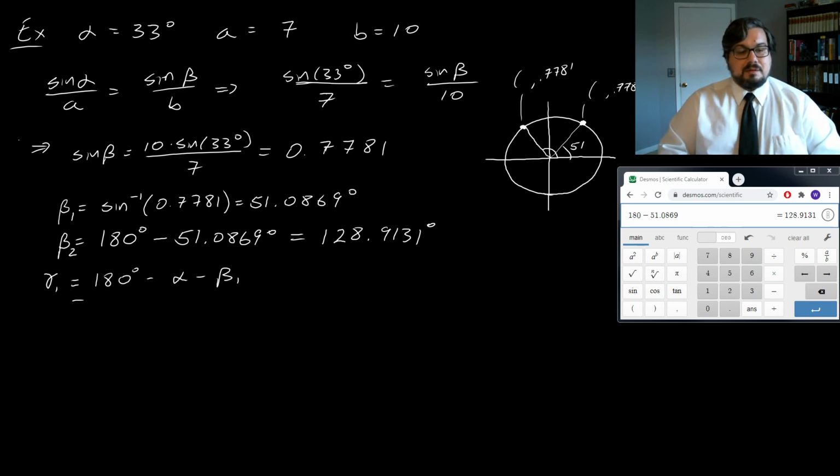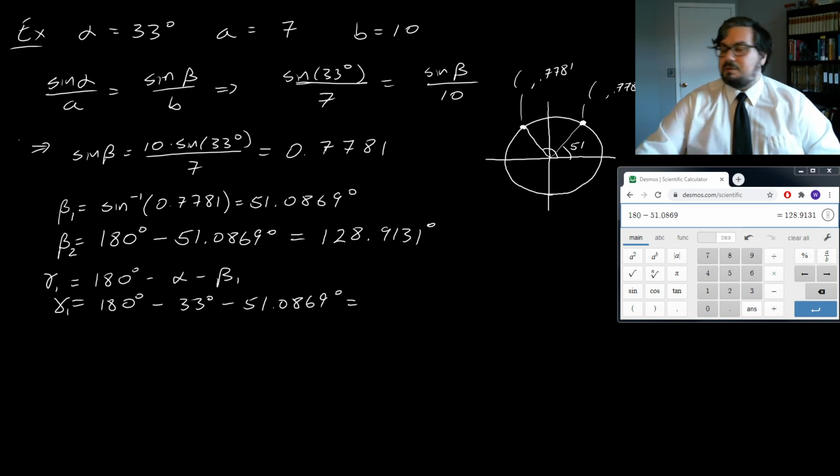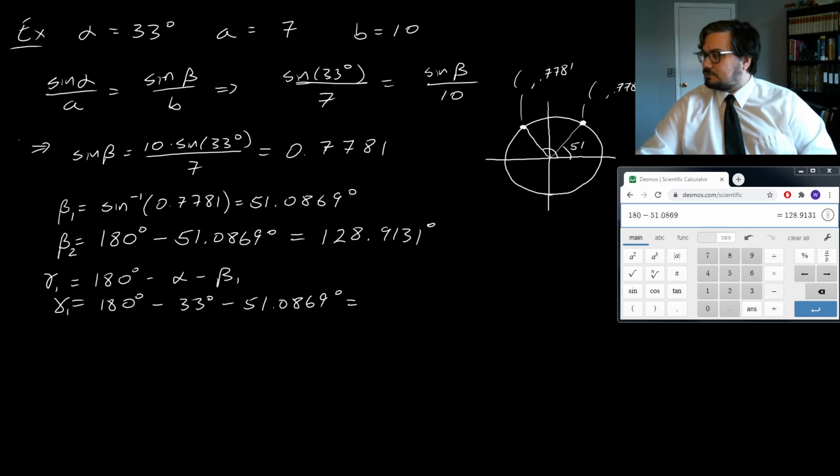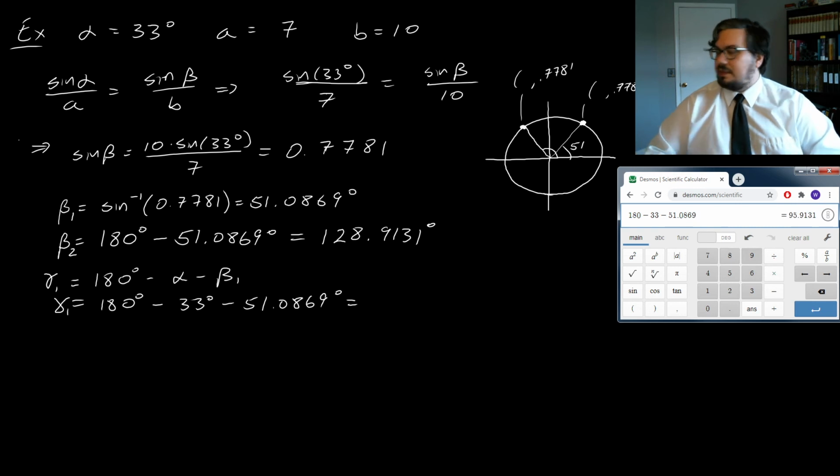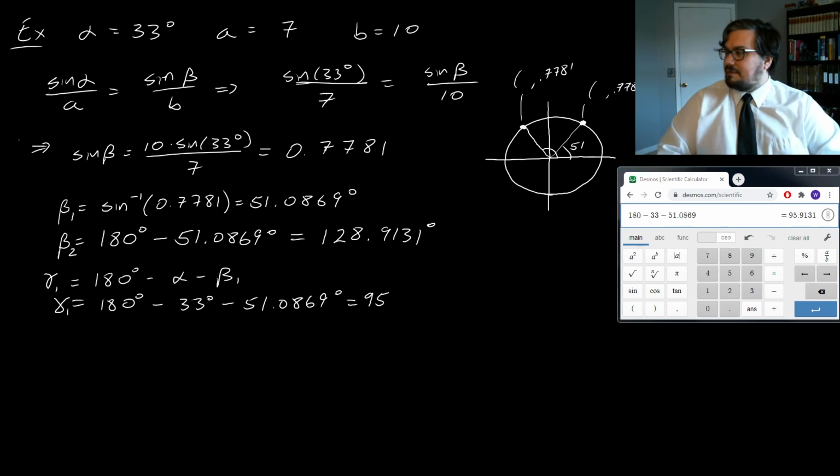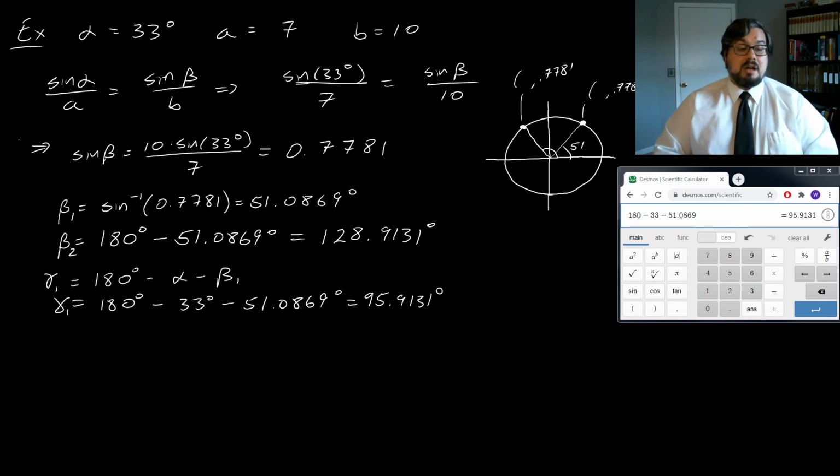So in the first case, gamma 1 is equal to 180 minus 33 degrees minus 51.0869 degrees, which gives us 95.9131 degrees, which works out perfectly fine.